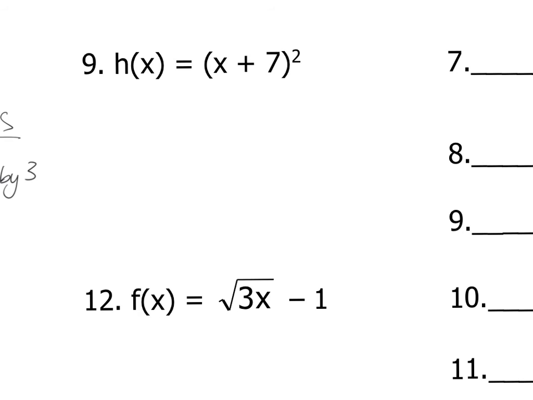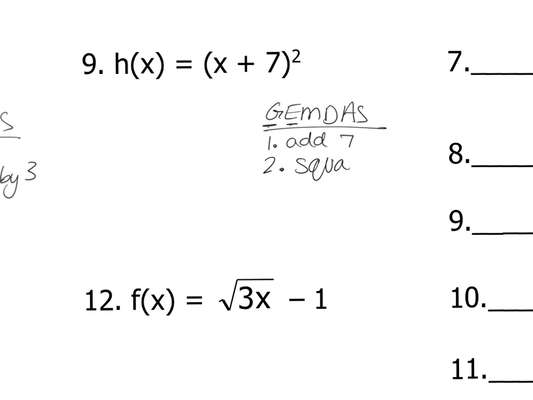h of x, my GEMDAS list. First, inside the group, we added 7. Again, G stands for grouping symbols. What happens inside that group? We added 7. Then on the outside, we have an exponent, or we squared that group.